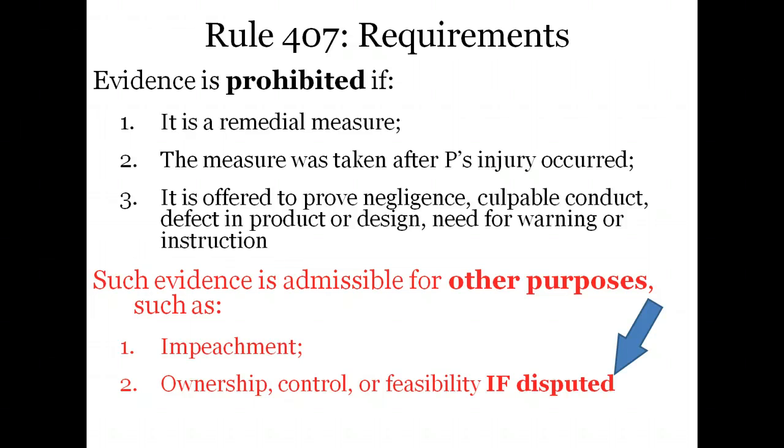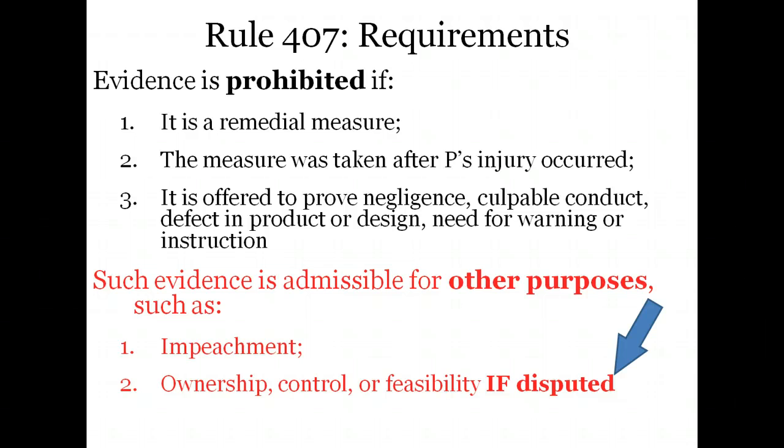The reason is that if the evidence falls within the prohibition but is admissible for another purpose, our evidence has now a proper purpose, for example, ownership, and an improper purpose, which is to prove the negligence or the culpable conduct. And as a result, there is a risk of prejudice because the jury might well use that evidence not merely for its proper purpose, but also for its improper purpose as well.